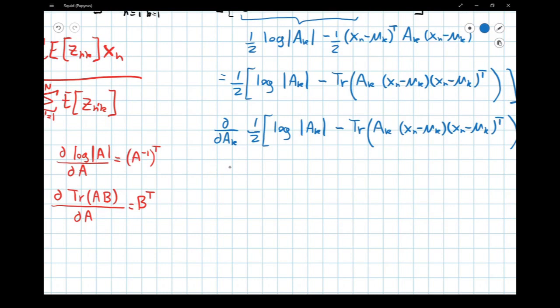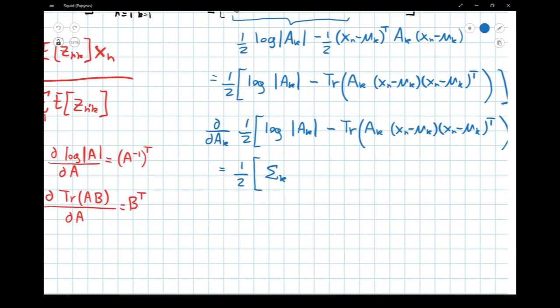So this is equal to, so we still have our half. And then, like I say, we're just going to have the inverse of this, which in our case is actually sigma k. And then we have a minus.